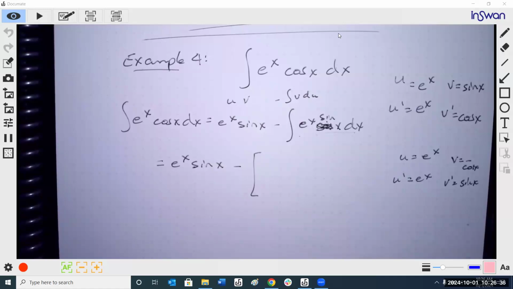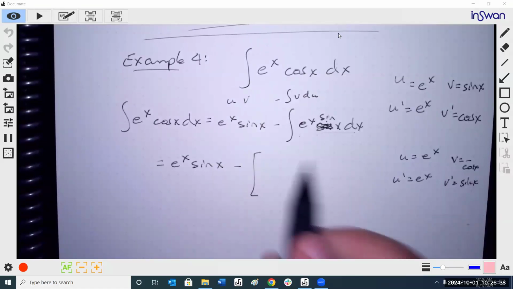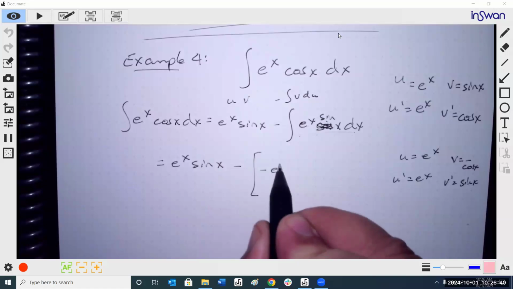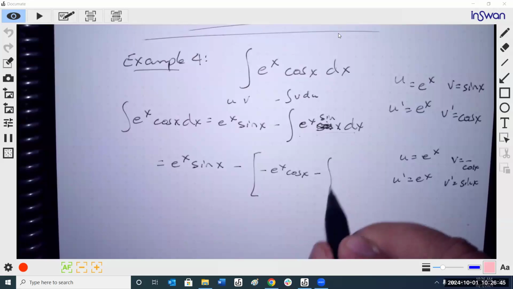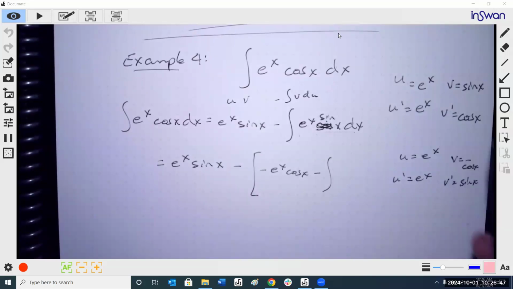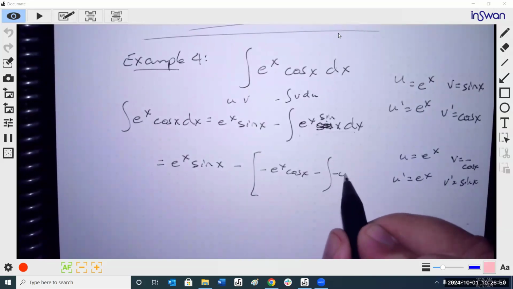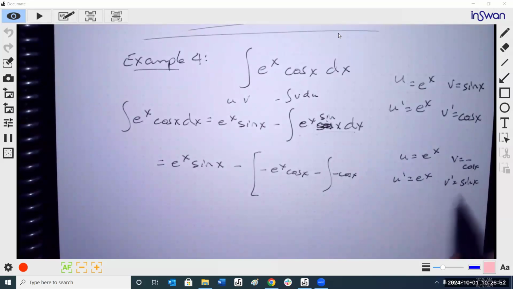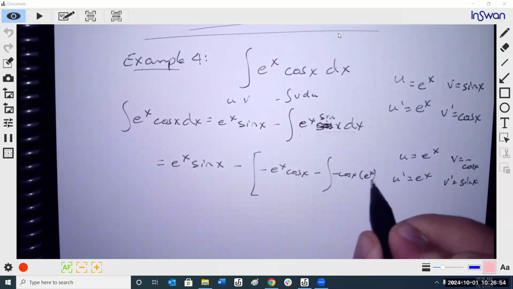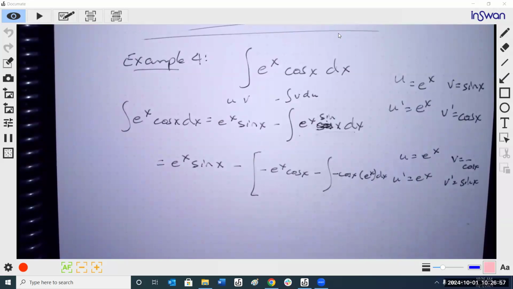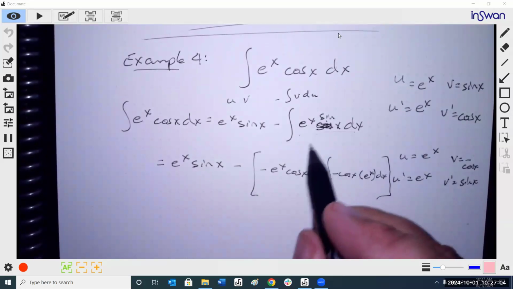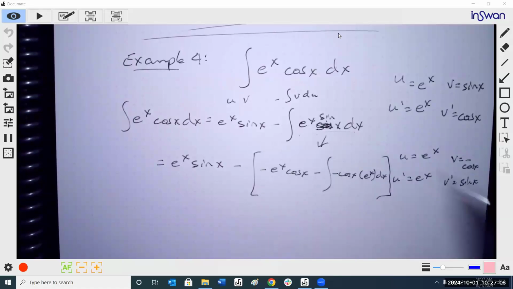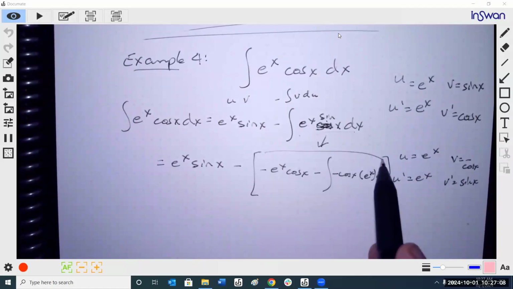So we have uv, which is negative e to the x cosine x, minus the integral of v, which is negative cosine x, times u prime, which is e to the x dx. That's this whole part right here.